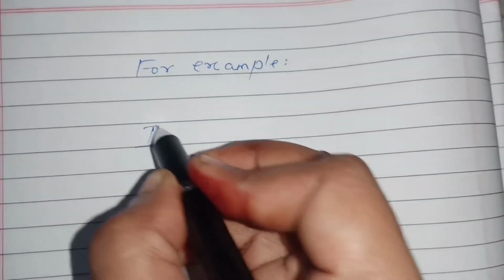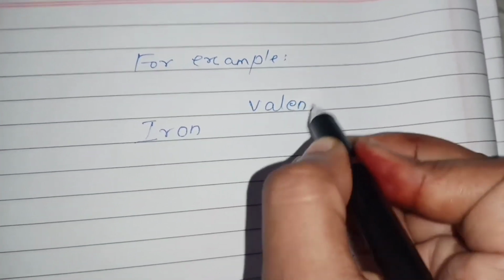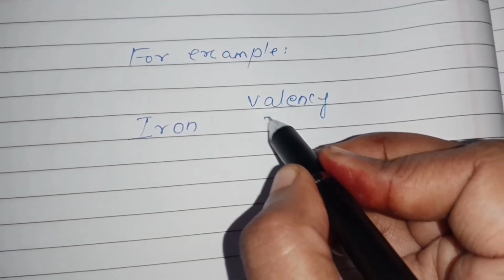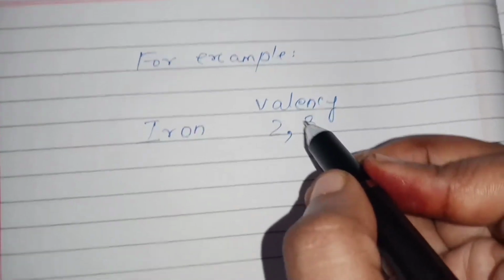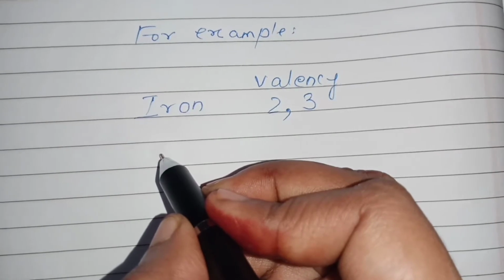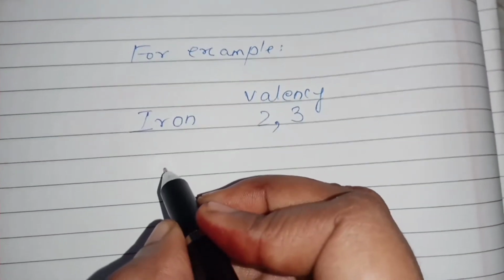Iron is an element, and it has two valencies, 2 and 3. Now when iron has valency 2, how will we represent it?